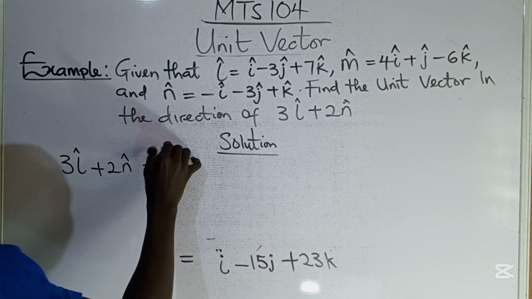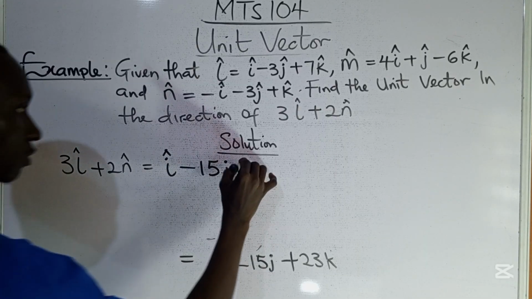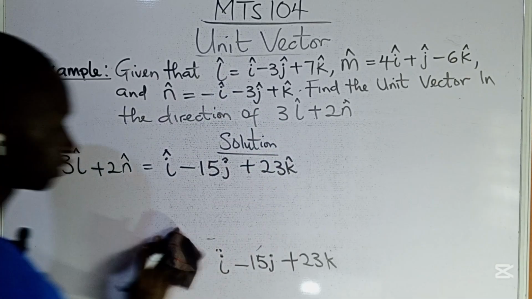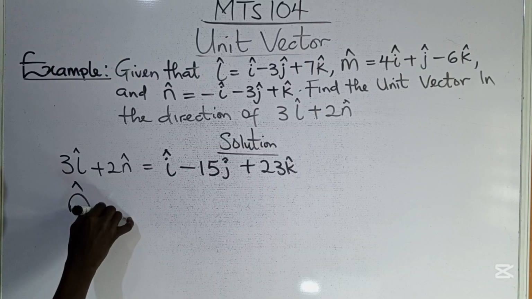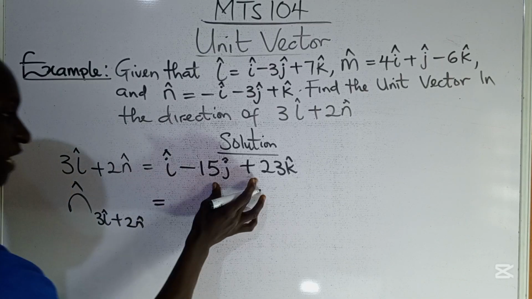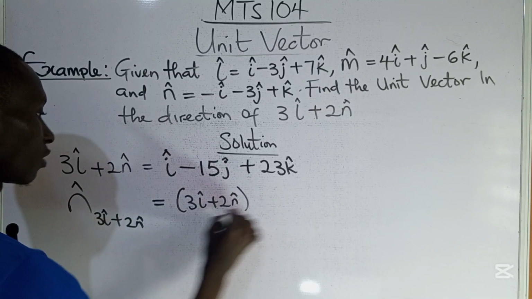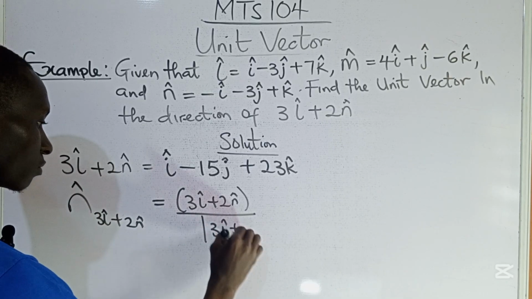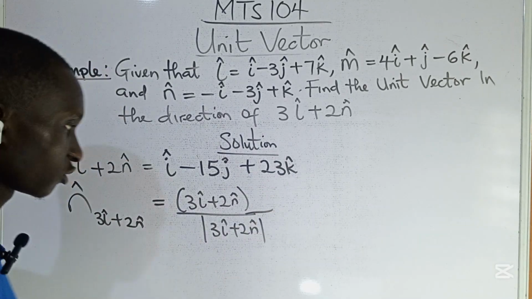That implies i minus 15j plus 23k as this vector. Now don't forget that the unit vector of 3L plus 2N is equal to the vector itself, that is vector 3L plus 2N, over its magnitude. So let's calculate the magnitude of this.